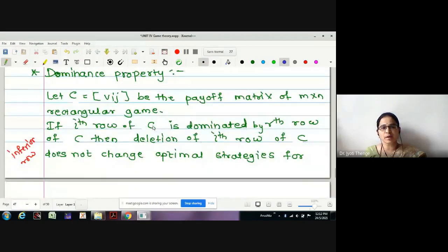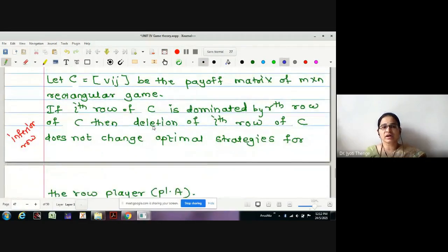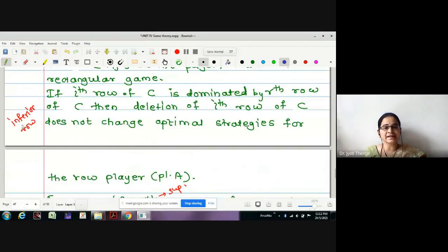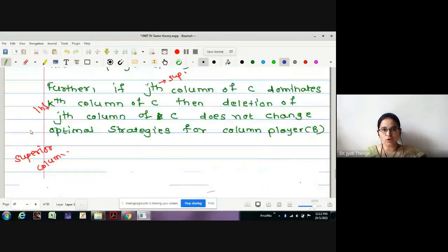The dominance property says that whenever the ith row of a payoff matrix is dominated by the rth row, then deletion of the ith row does not change the optimal strategies for the row player, that is player A. Here we can delete the inferior row.